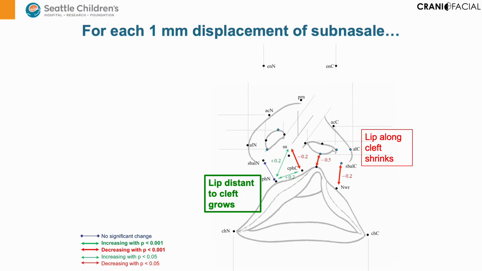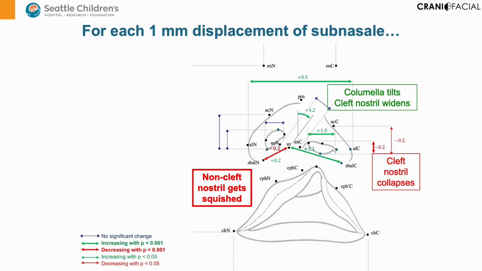On the non-cleft side, the lip height starts to grow the greater the severity. As for the nose, it's what we would expect. With greater cleft severity, the nostril gets wider and the columella tilts further. The cleft nostril also collapses. But on the non-cleft side, there's some red. The non-cleft nostril gets squished.